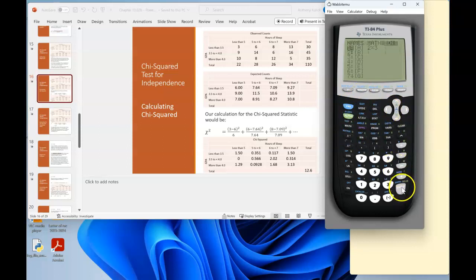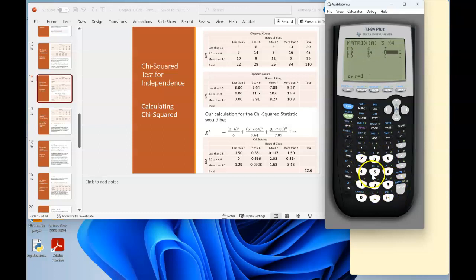So second, and then the matrix button. I'll go over to the edit command. This matrix is a 3x4. So just enter this in: 3, 6, 8, 13, 9, 14.